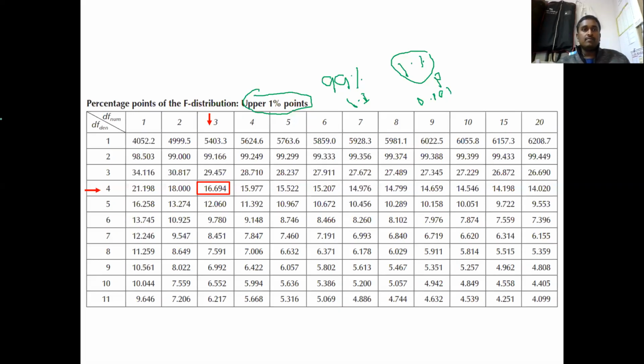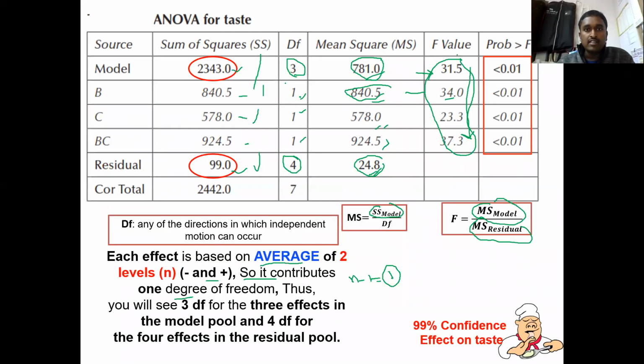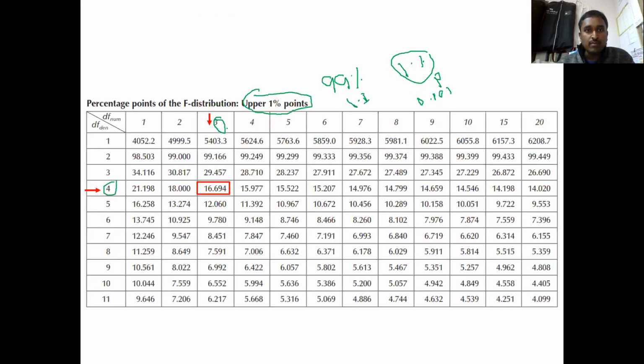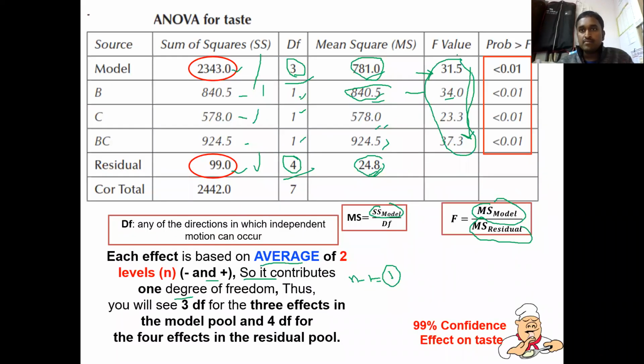If you see, the degrees of freedom of the numerator is 3 and the degrees of freedom of the residual is 4. You recall 3 divided by 4. Then we have to look into this table at this column, exactly where it is coinciding. This value is 16.693. So out of these, nobody is falling below 16.693, right?